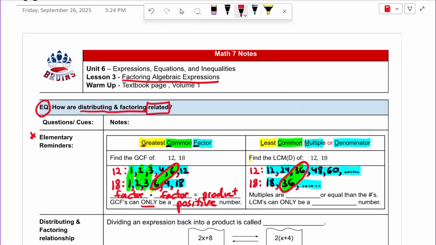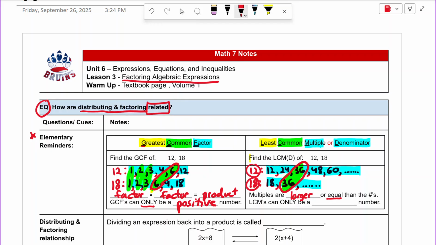Multiples are bigger or equal to the numbers given. So we're talking about 12 and 18. How would they be equal?